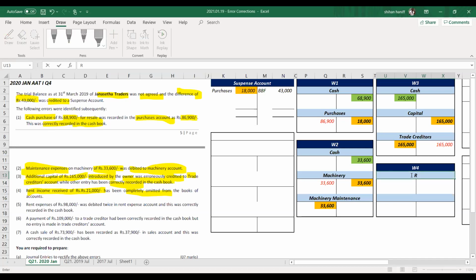Rent income account and cash account. Double entry is cash account and rent income account. Double entry will be cash account debit, correct, 21,000, and rent income account credit 21,000.